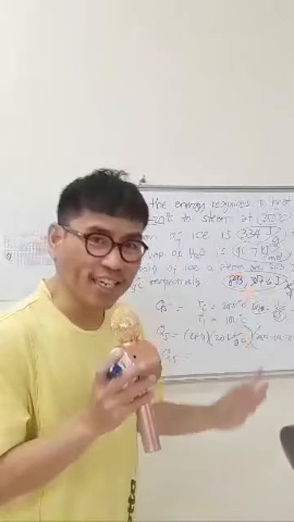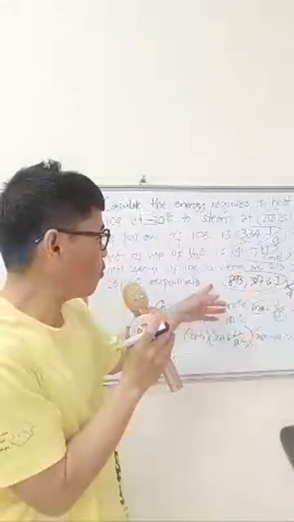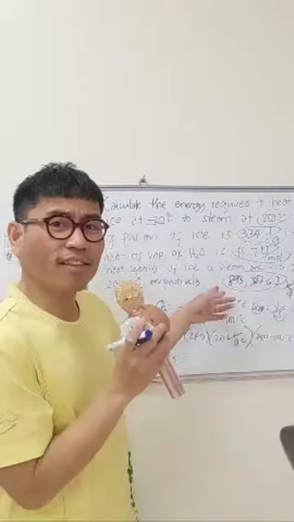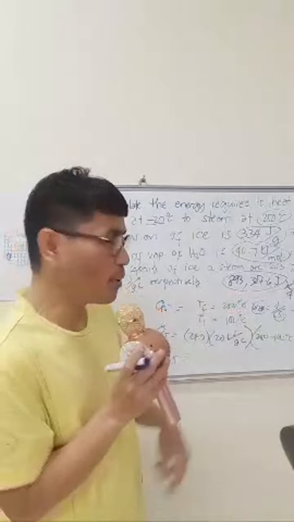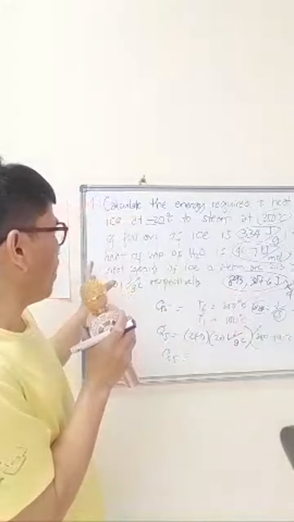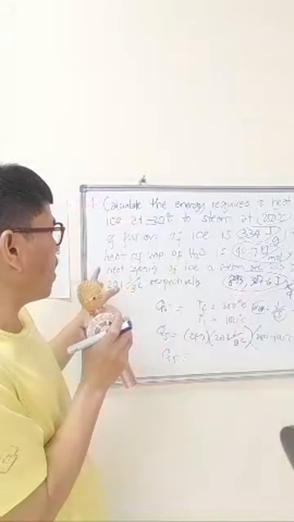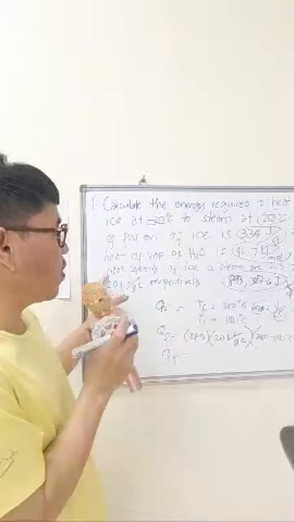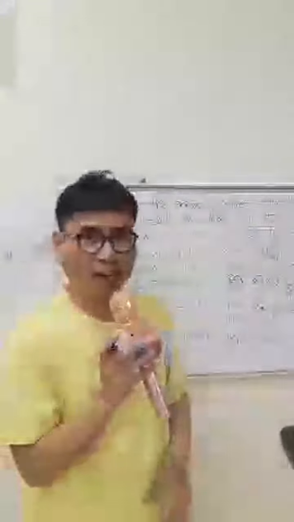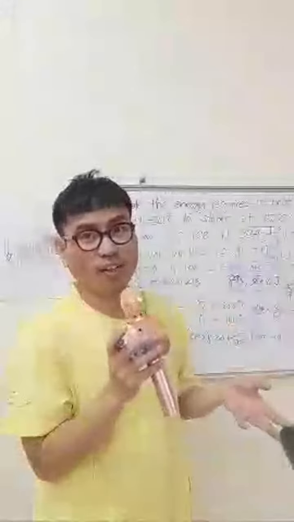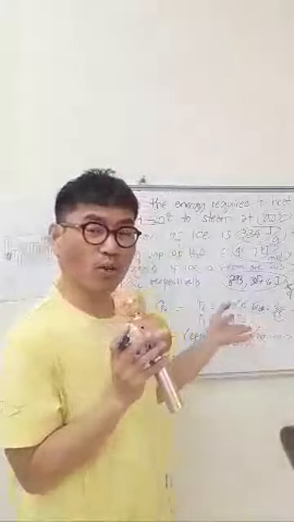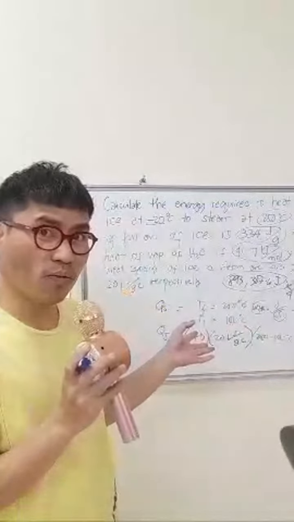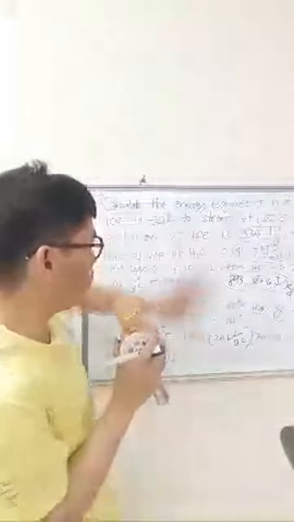But if we insist, we will add a supporting statement: at 2 hours for the entire process. So I will say, calculate the total energy in watts at 2 hours. Because watts involves time in the denominator, so how can we compute if there's no basis for the time involved? There's no time involved during the heating process.